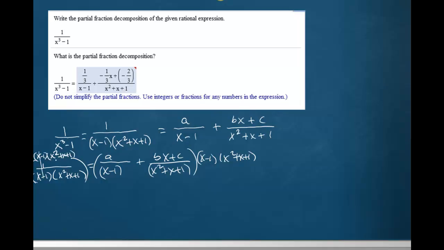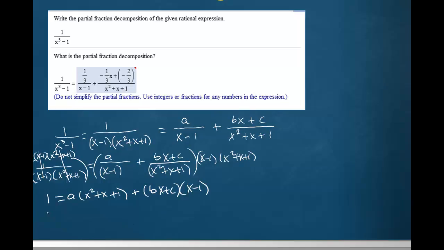Now what happens is these cancel on the left, and we're just left with 1. And on the right, we'll distribute, and in the first term, the x minus 1's cancel, and we have a times x squared plus x plus 1. And then in the second term, the x squared plus x plus 1 cancels, and we're left with plus bx plus c times x minus 1.